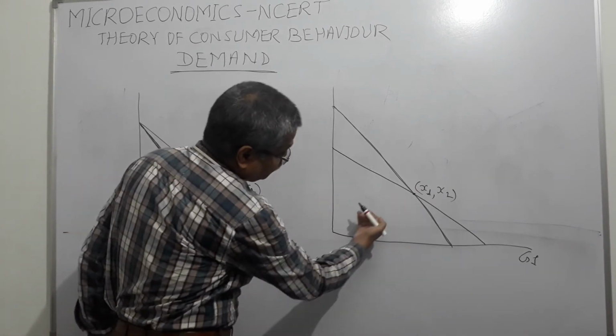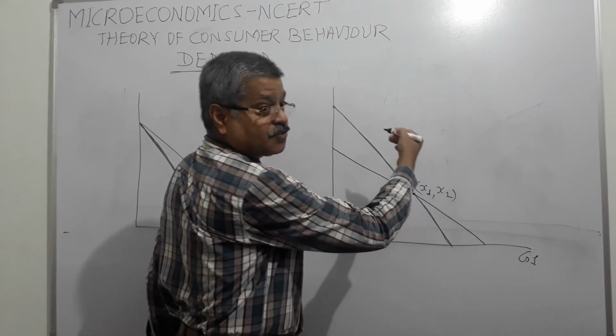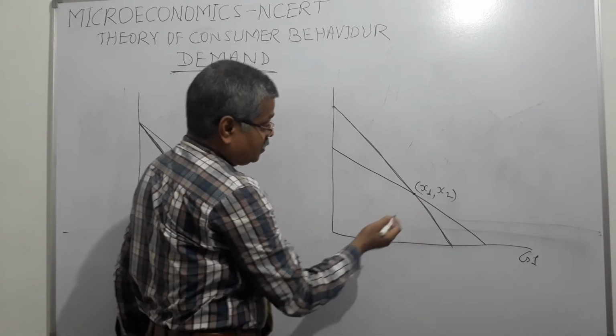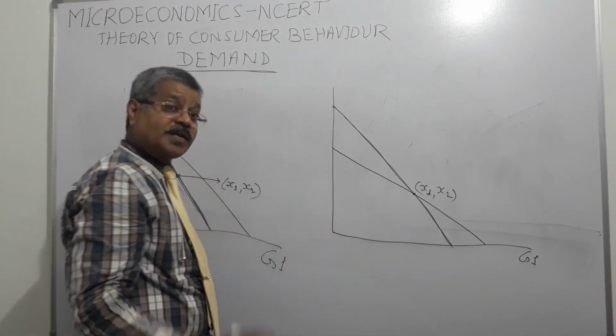So below this, inferior bundles; above that, bundles which earlier were not affordable may now be affordable because the price of good 1 has gone down.